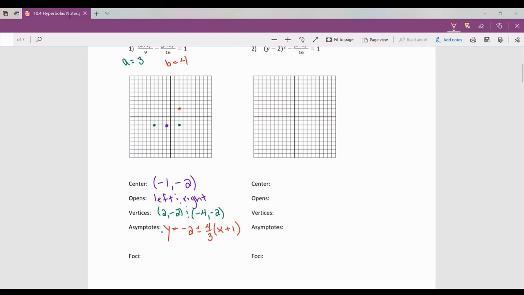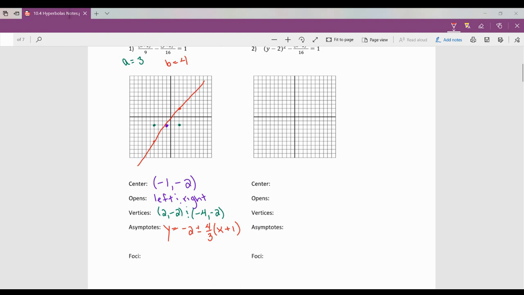And I'm going to go down 1, 2, 3, 4 over to the left 1, 2, 3. And that's going to be my first asymptote. So I'm going to go ahead and connect those. Oh, shoot. All right, that's my first asymptote. It should go through that center point. I was a little bit off on that one. That's with a slope of +4/3.